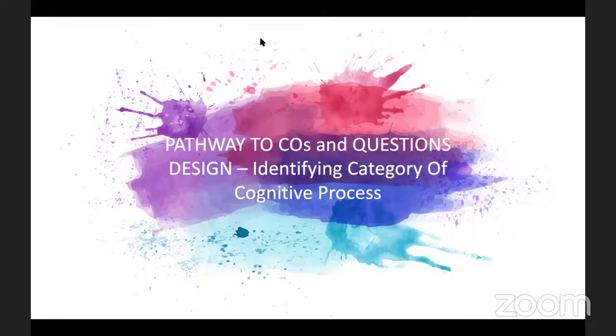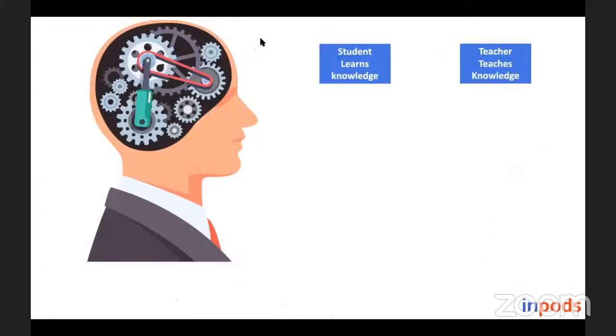So the next step in developing our course blueprint model is identifying the category of cognitive processes. Now, this is a very, very important step in our course blueprint model designing, and a very important step in avoiding the misalignment between the instructions, outcomes, and assessments.